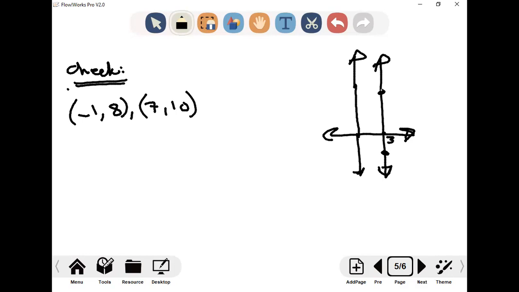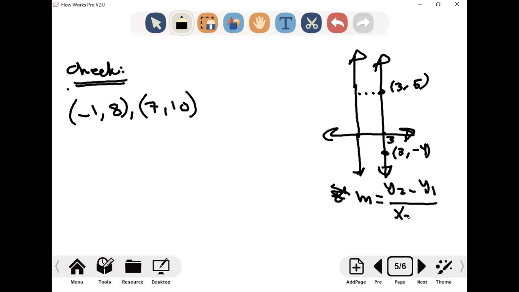Two. Assume this point here is (3, -4) and this point up is (3, 5). Right? And I want to find the slope, right? We said m is the slope. Apply the formula: y2 minus y1 over x2 minus x1.